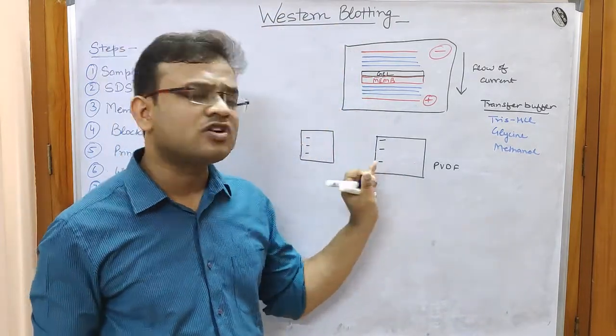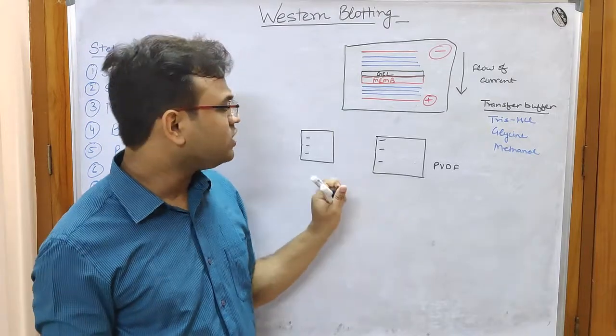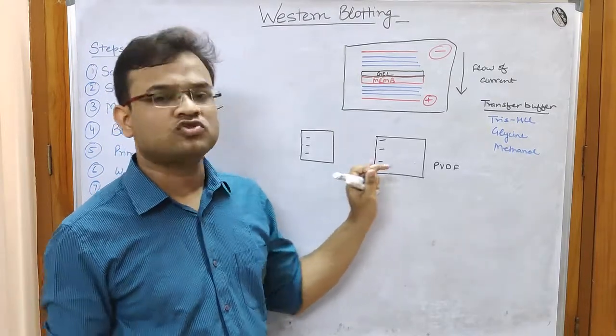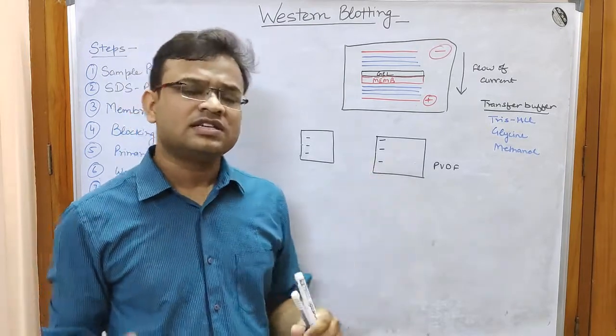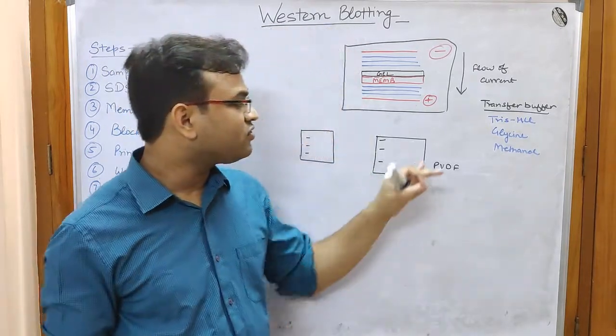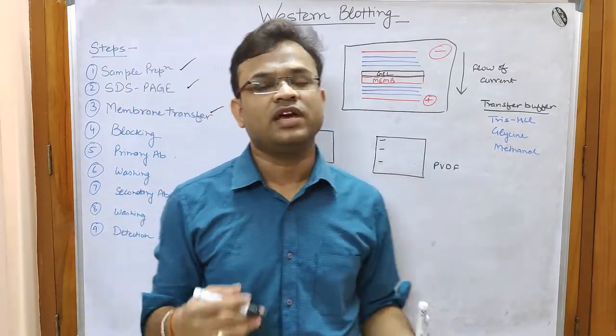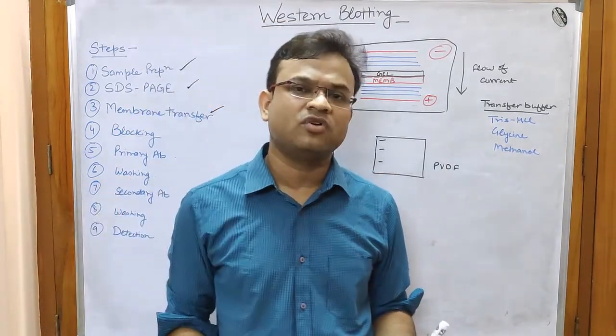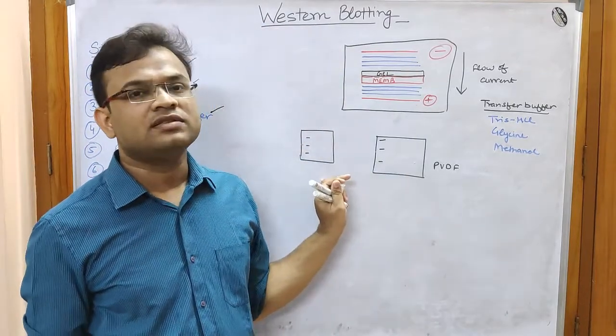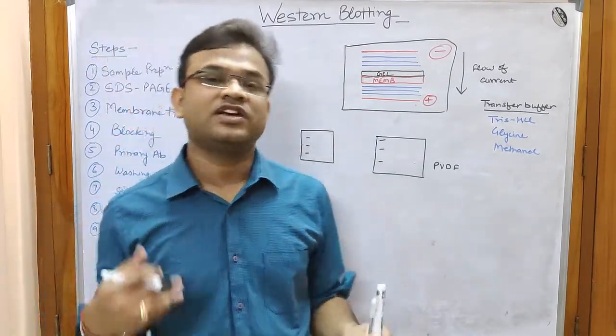So what is the use of transferring this? What is the use of going through so much of a procedure, so much pain? Why do we need to do this? This is because we will be treating this membrane with various components such as primary antibodies or secondary antibodies, and you might know that the gel is very fragile.